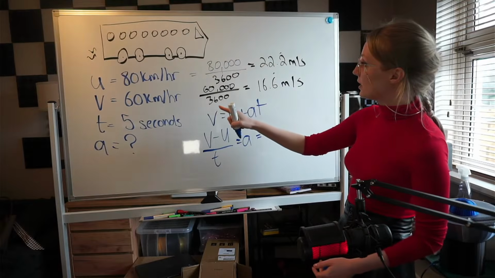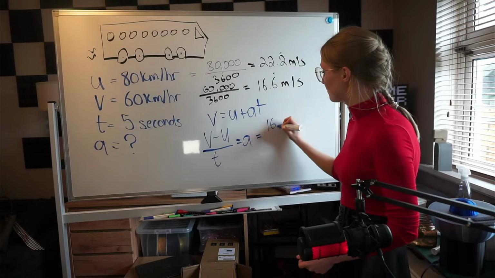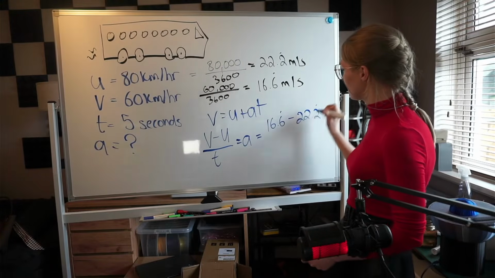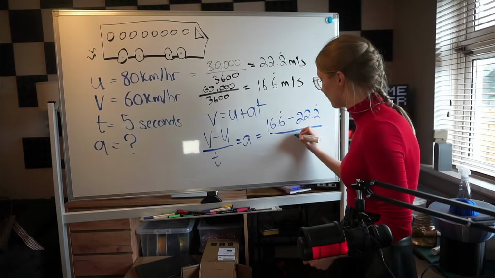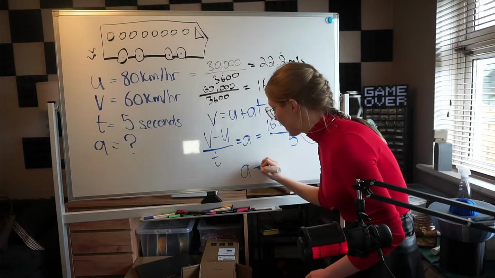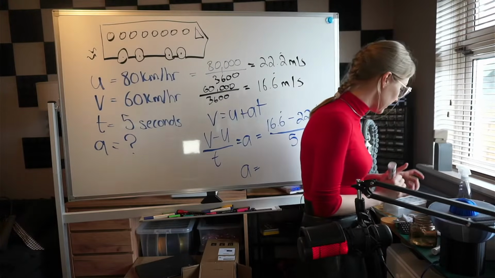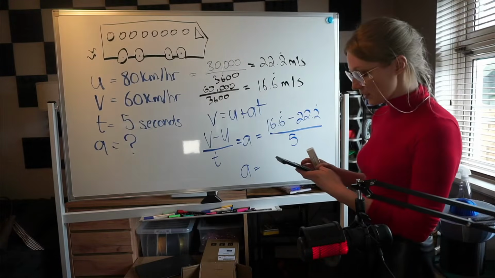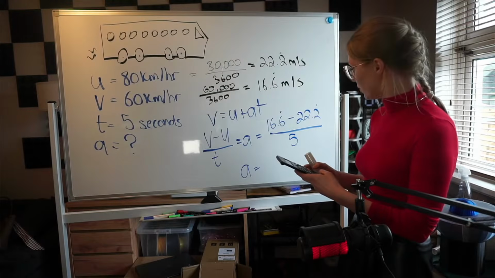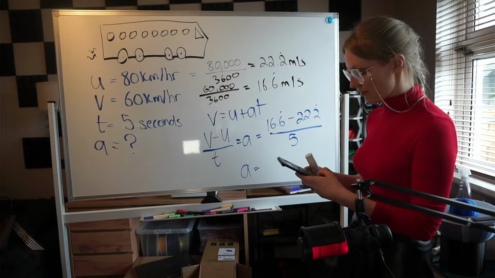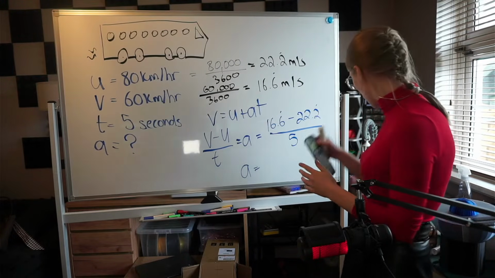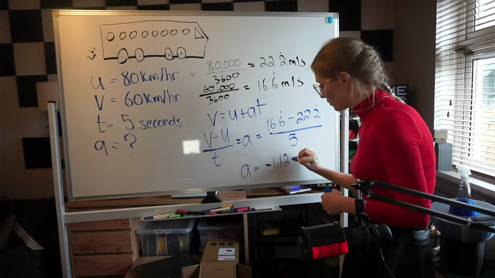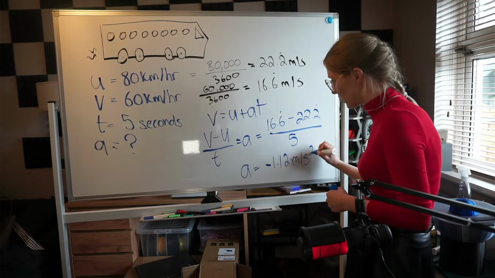Let's sub in all our numbers. A is equal to 16.6 minus 22.2, all divided by 5 seconds. So our acceleration, and again, don't panic that it's a minus sign, it's good. Minus signs are okay in physics. 16.6 minus 22.2 divided by 5, and we get minus 1.12 meters per second squared.